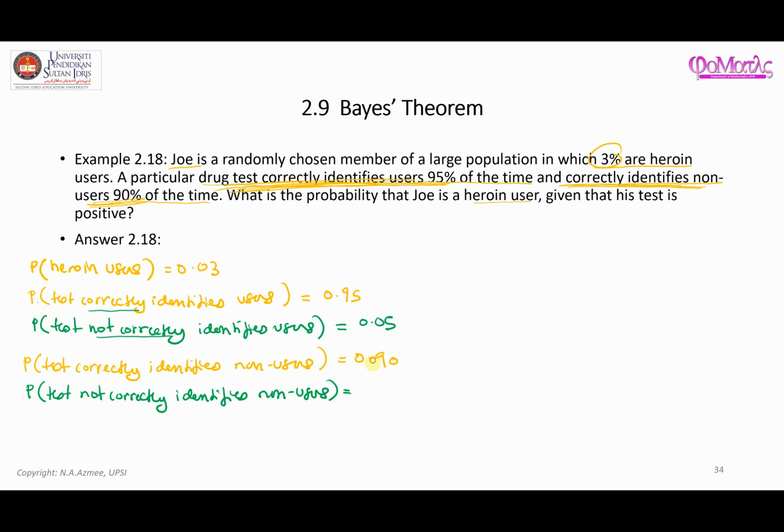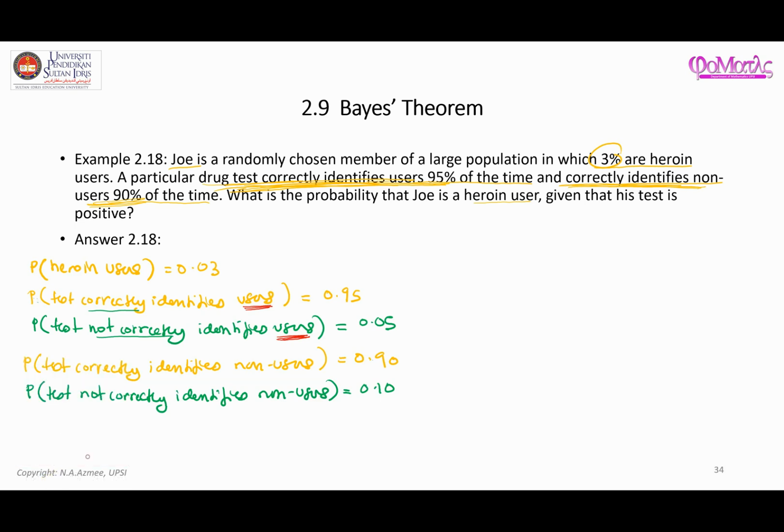This is the complementary event to this one, therefore the probability is 0.1. I hope you can see the slight differences in the events of interest. This one is related to correctly identifies users, and the complementary event is not correctly identifies users.